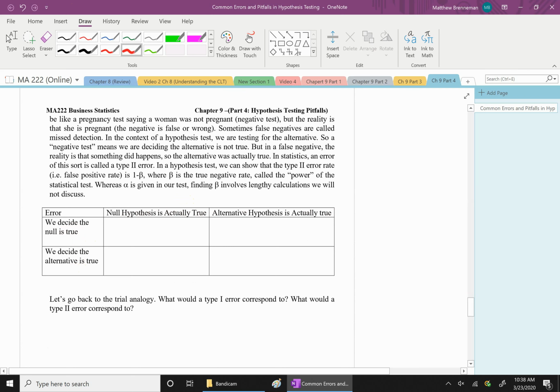And so if the null is actually true and we decide it's true, there's no error. However, if the alternative is actually true and we decide the null is true, in other words, something actually happened, but we said it didn't, we made an error. And we call this a type 2 error.